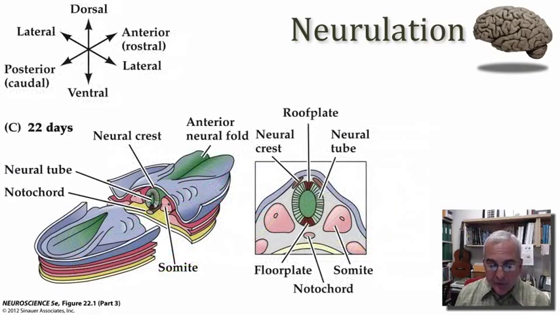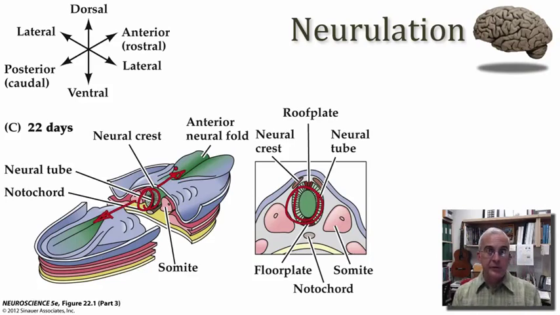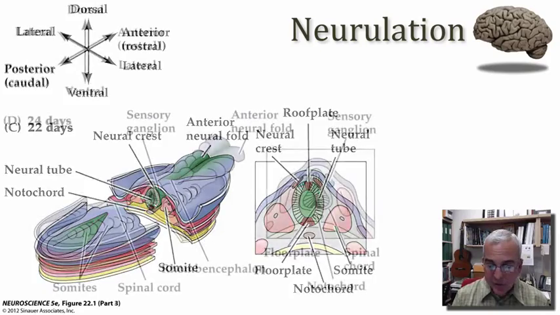Here we proceed a little bit further, and we can see that now the neural tube has actually closed off underneath this overlying ectoderm. There is a progressive closure of this neural tube that begins near the center of this developing neural tube and then extends out into the anterior and posterior directions.